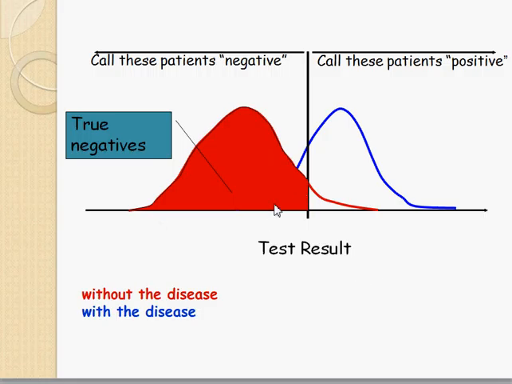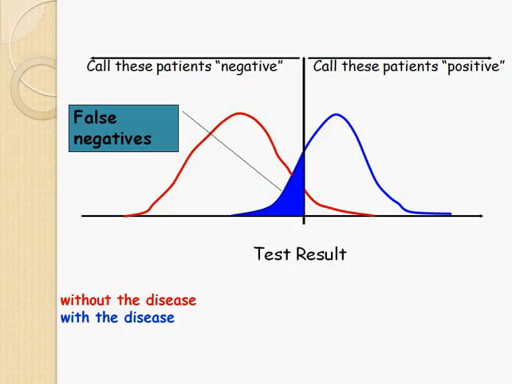This region is classified as negative, and they are indeed negative. This is correct, and we name it true negative. The last term is the smaller blue region. This region is classified as negative, but in reality they belong to the positive curve. This is not correct, and we name it as false negative.